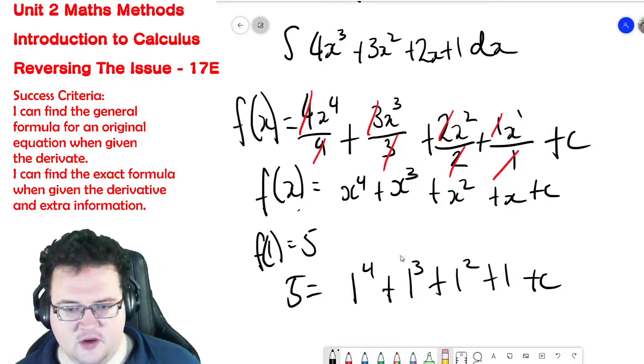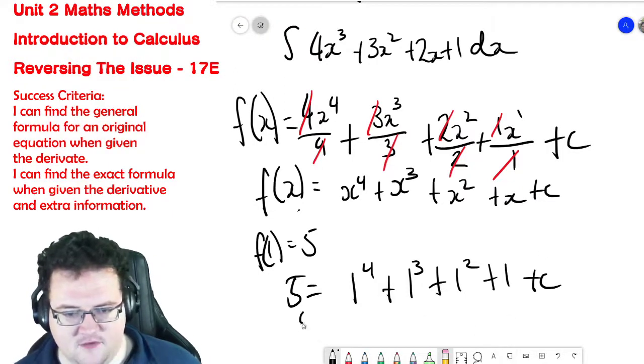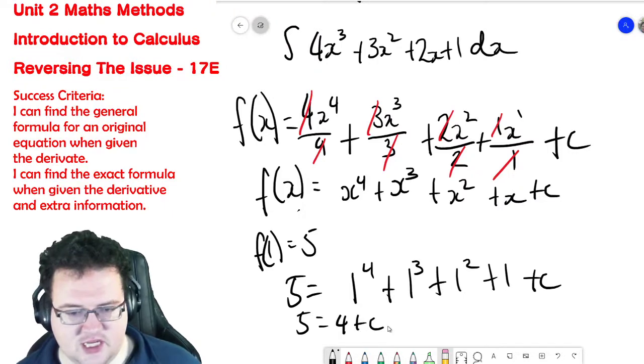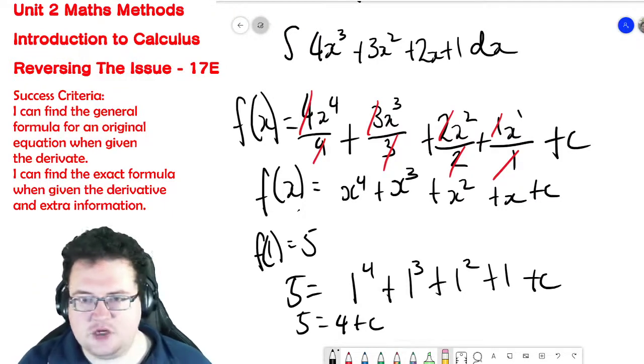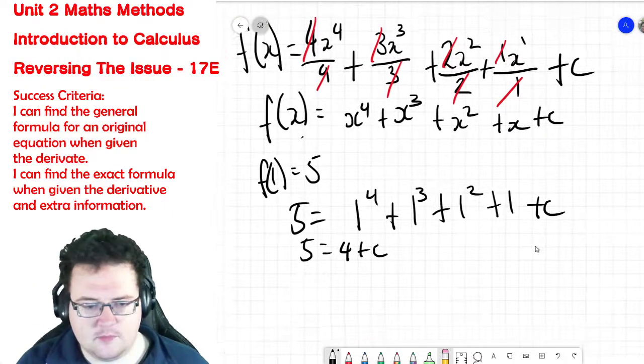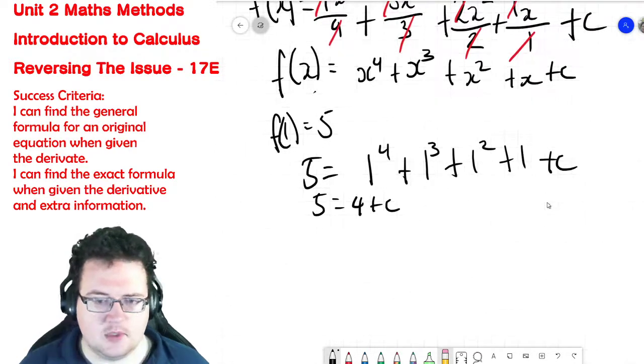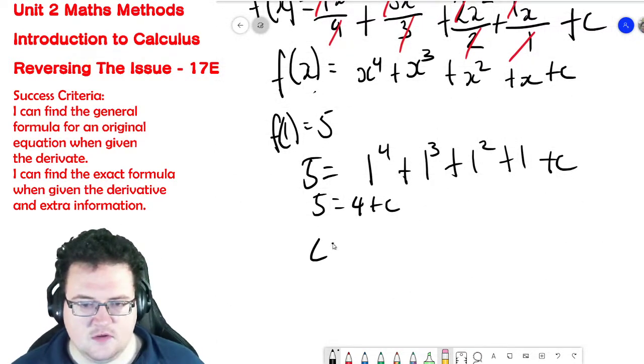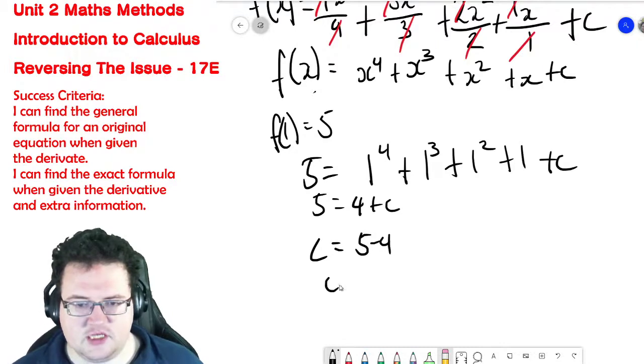Well, 1 to the 4 is 1, 1 to the 3 is 1, 1 to the 2 is 1, and 1. So it's 1 plus 1 plus 1 plus 1. So that means 5 equals 4 plus c. What does that mean c is equal to? C is equal to 5 minus 4. C is equal to 1.